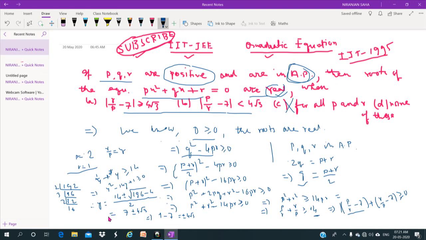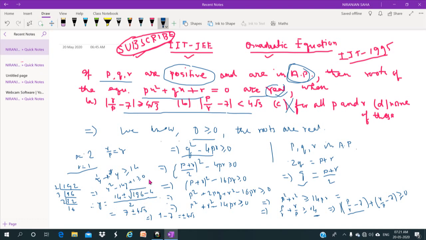So we have to take that this is greater than equal to 0. So I have taken it as an equation equal to 0.